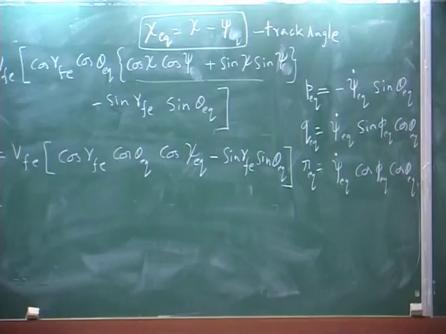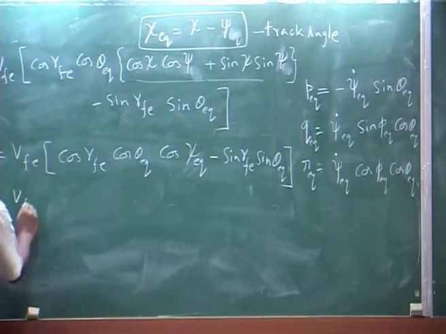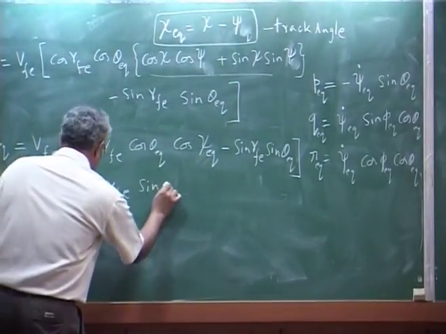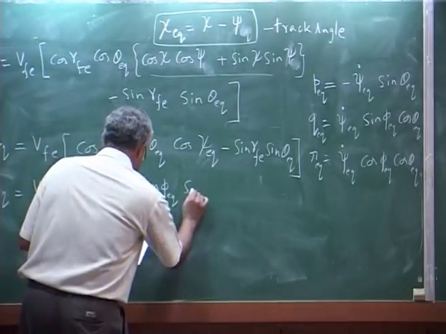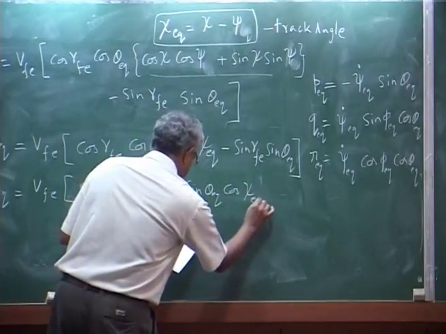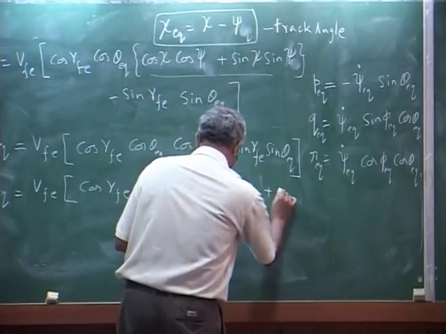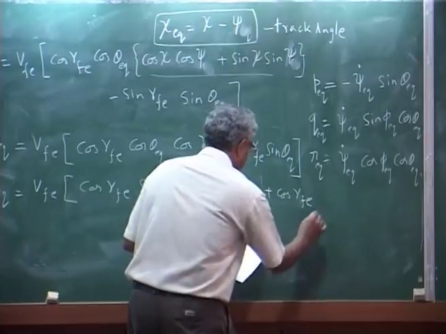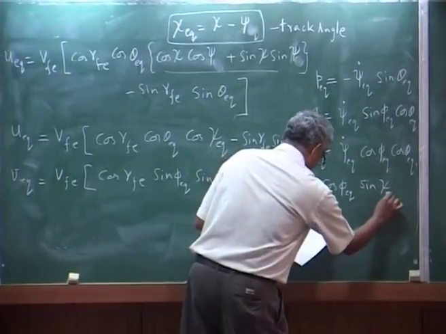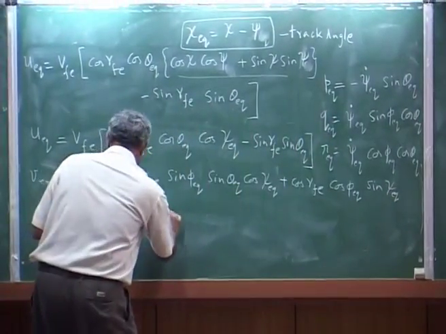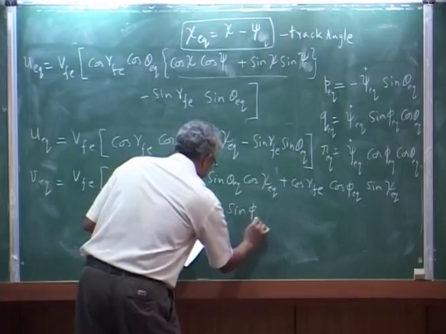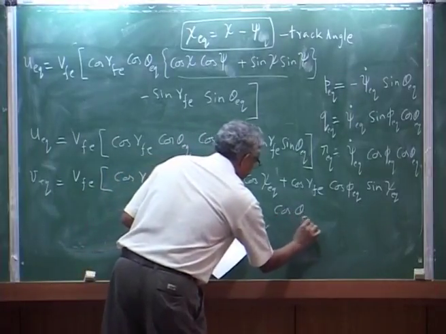Now what you do is you will have your VE is VFE cosine gamma Fe sin phi equilibrium sin theta equilibrium cosine chi equilibrium plus cosine gamma Fe, because these are all long expressions, phi equilibrium sin chi equilibrium plus sin gamma Fe sin phi equilibrium cosine theta equilibrium.